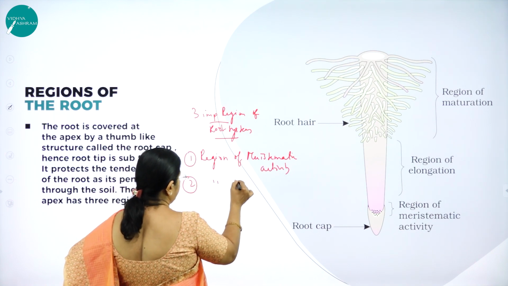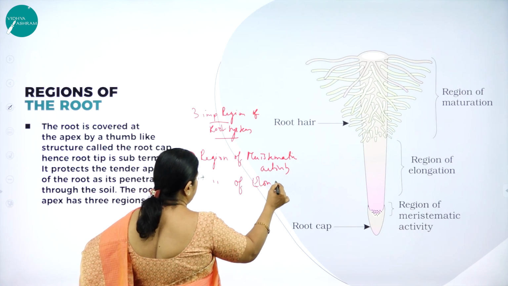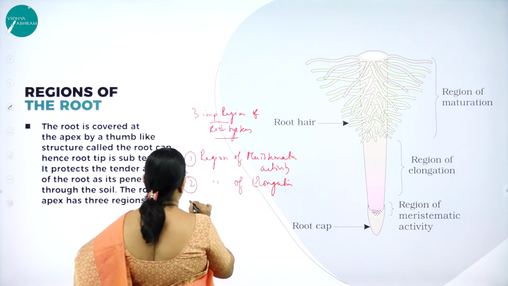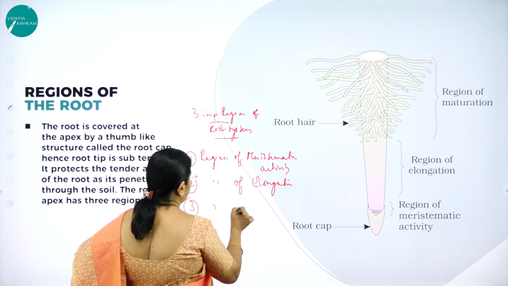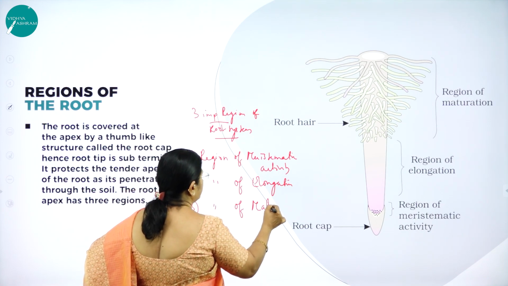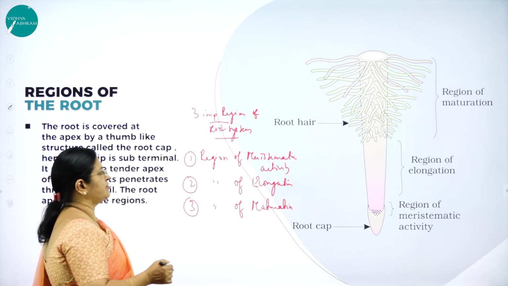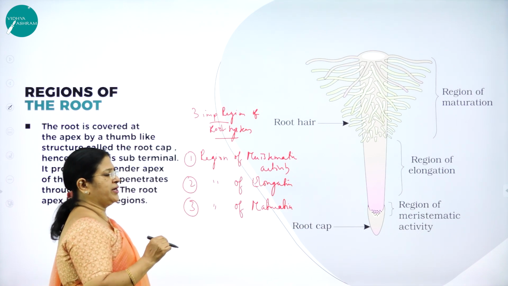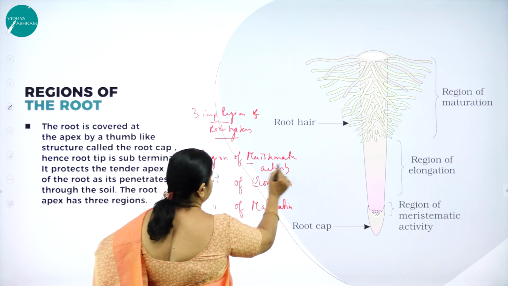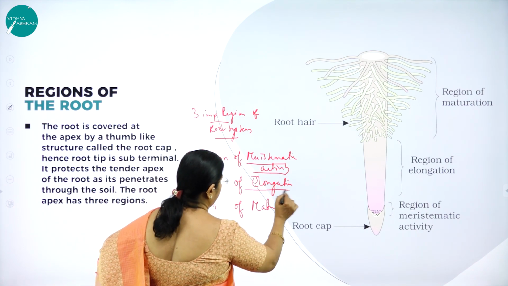Second one is the region of elongation, and third is called the region of maturation. So what are the three very important regions of a plant body? The three very important regions are the region of meristematic activity, region of elongation, and region of maturation.